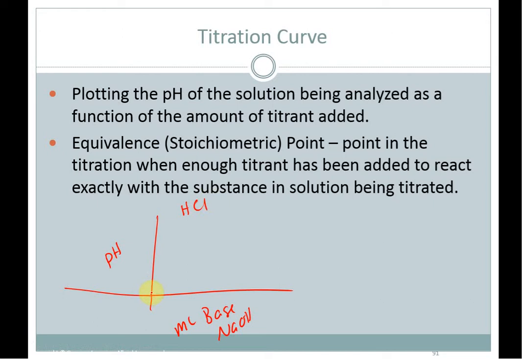Start off with a low pH. You add in some base, and you get a dramatic change. If you have sodium hydroxide, now you have a high pH, you're adding in a strong acid, you get a dramatic decrease. Your equivalence point here is going to be right at a pH of 7 where you have equal hydroxide, equal hydrogen. That is not always the case with the weak acids and base systems, guys.